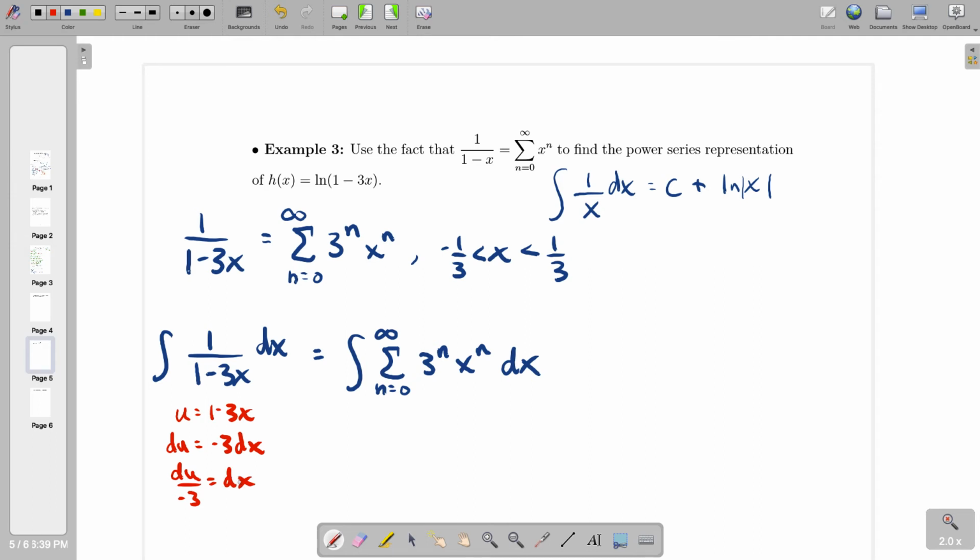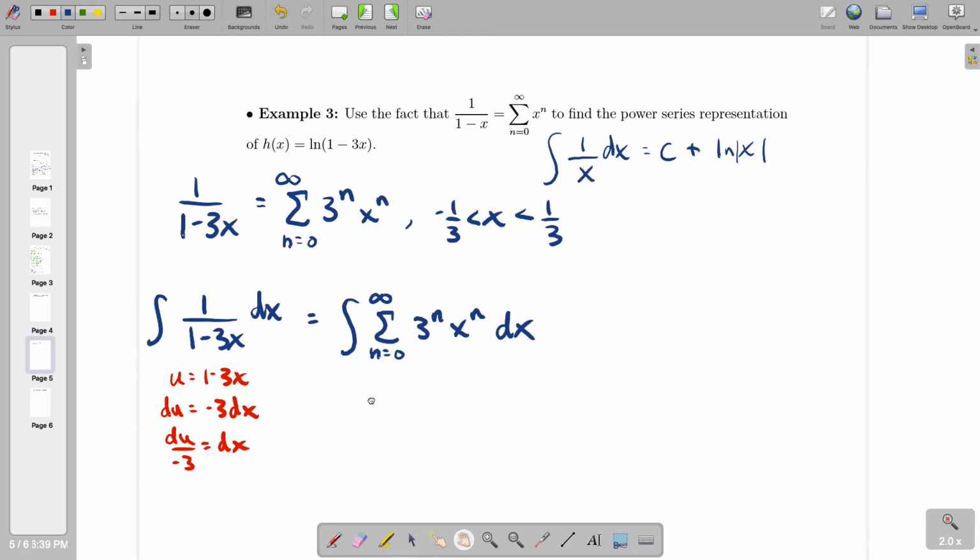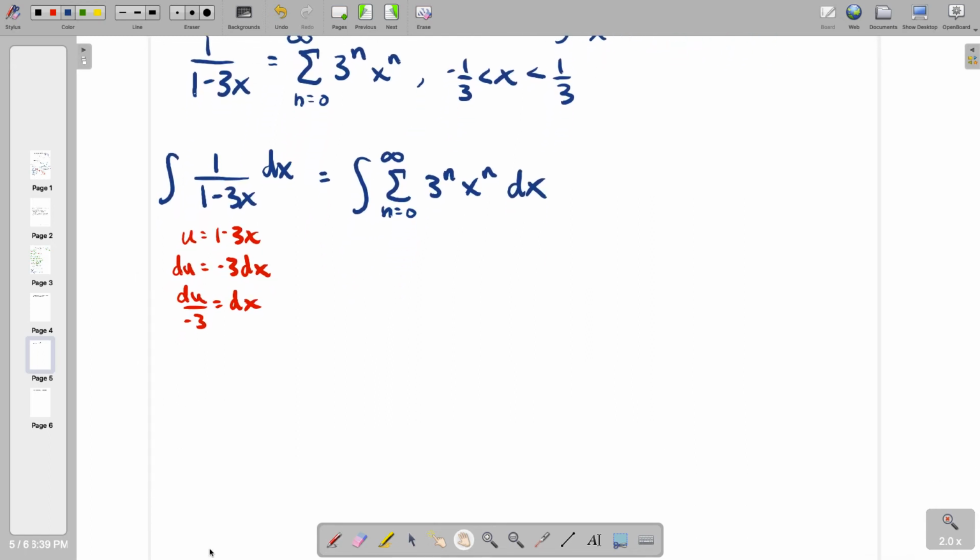Okay. So down here, I can go ahead and say this is 1 over u du over negative 3. Okay, and what's that equal to?